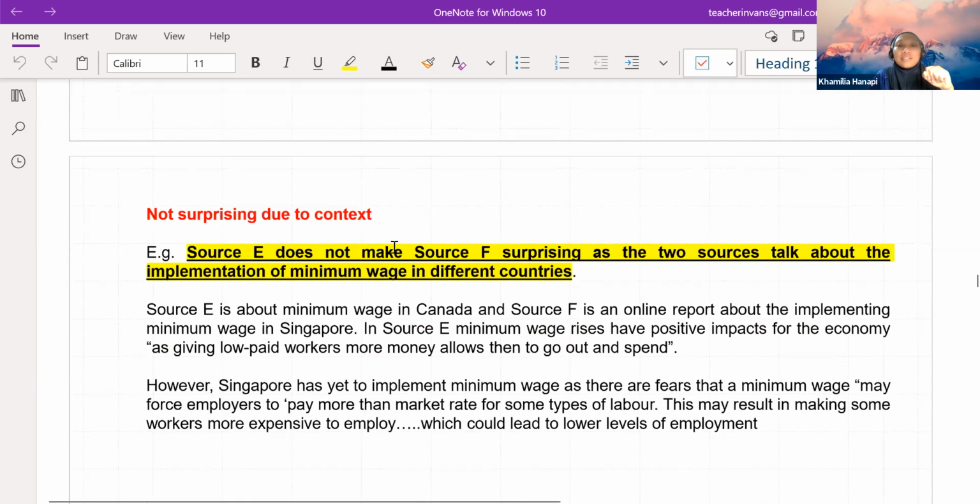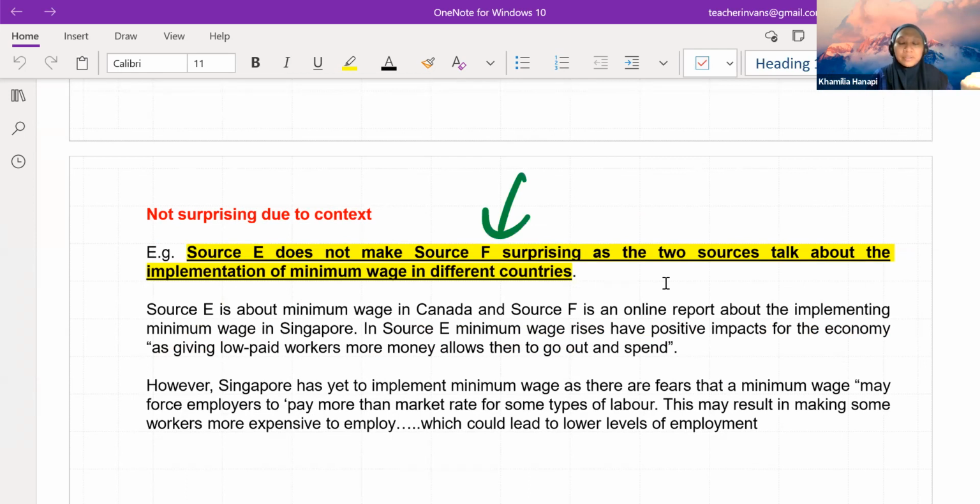Source E doesn't make source F surprising as both of them talk about the implementation of wage in different countries, correct? One is in Canada, the other one is in Singapore. Of course, they are different. Of course, it is not surprising. Agree? So these are different continents, different countries.